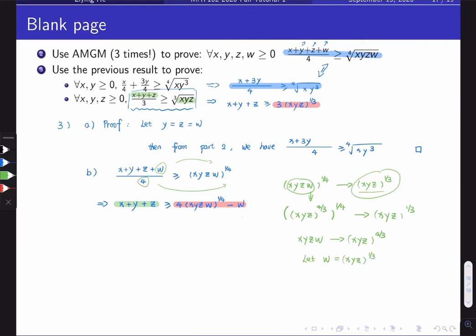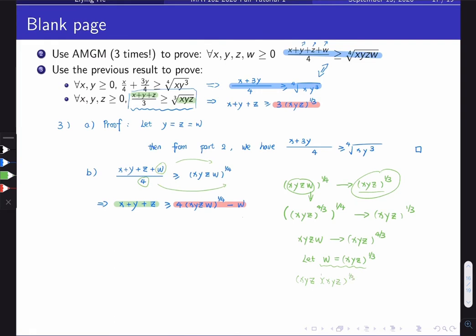Okay? I hope this makes sense for you so far. If it doesn't make sense, I will explain why. How do we get this? Think about this. If we let w be (xyz) to the power of 1 over 3, you have xyz times (xyz) to the power of 1 over 3.